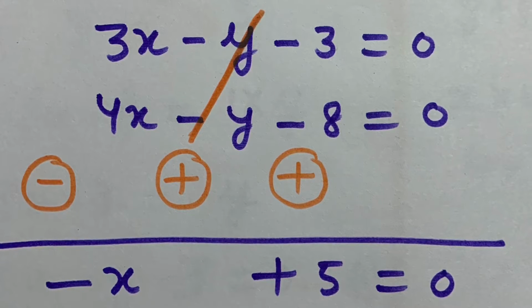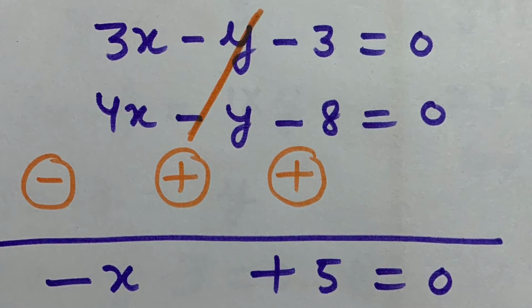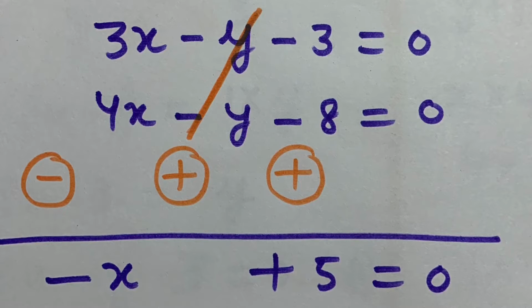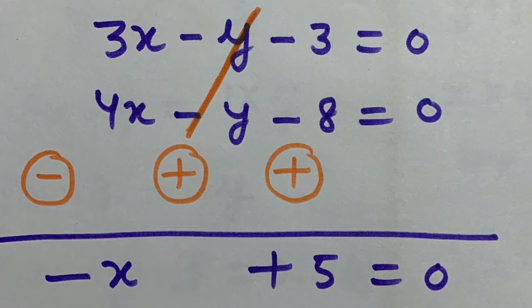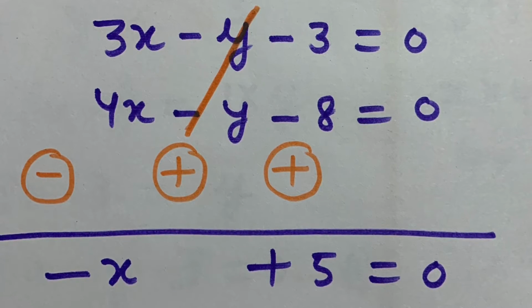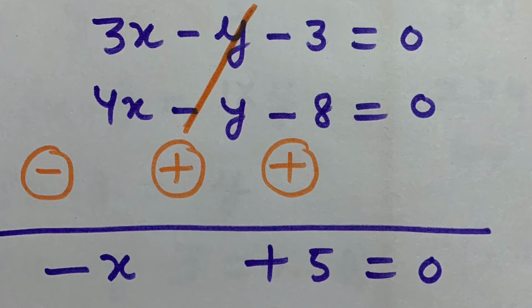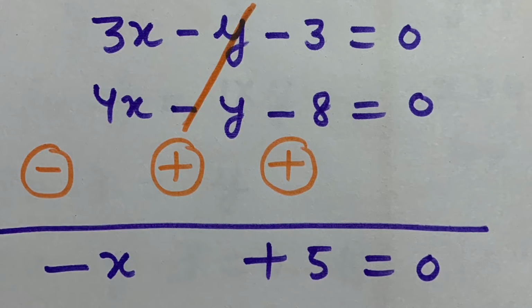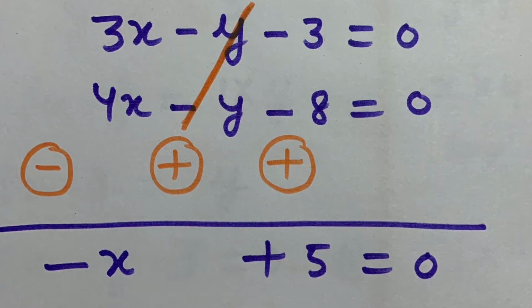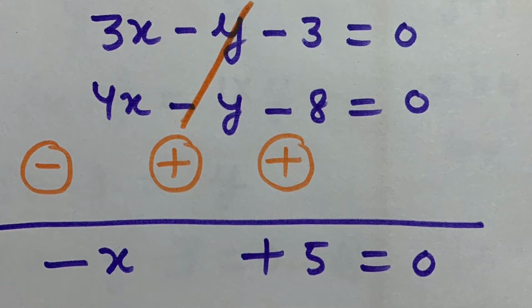Plus 4x will become minus 4x, minus y will become plus y, minus 8 will become plus 8. Now minus y plus y will be cancelled. 3x minus 4x will become minus x.